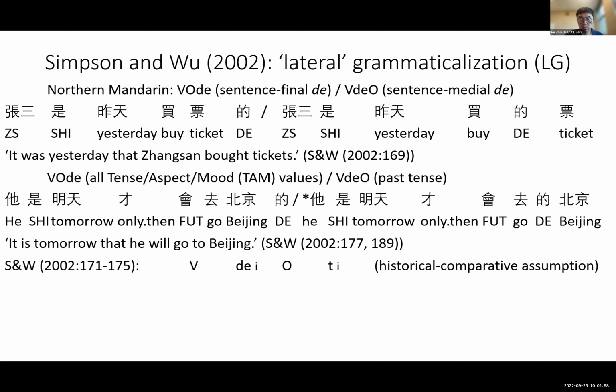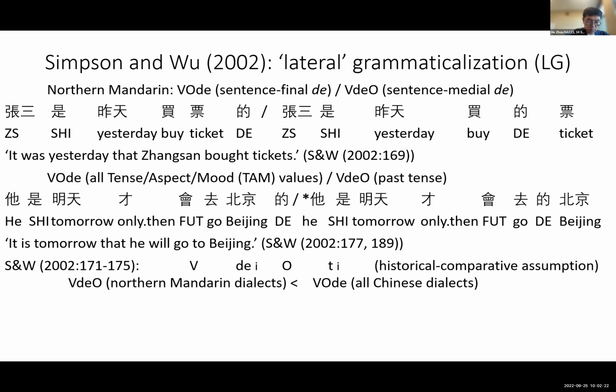They argue, on historical and comparative assumptions, that de is repositioned from sentence-final position to sentence-medial position, next to the verb, because while VOD is attested in all Chinese dialects, VdeO is only found in certain dialects. Using historical comparative assumptions, we have to conclude that de has been fronted.